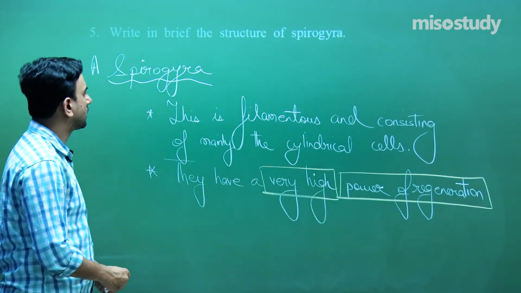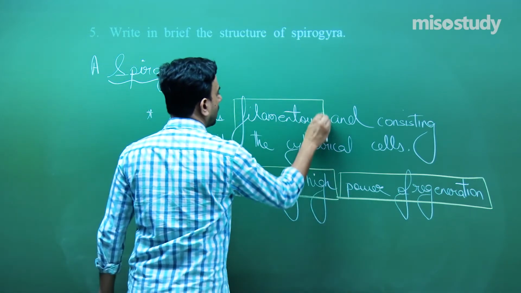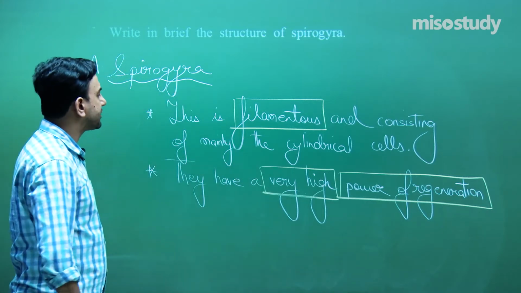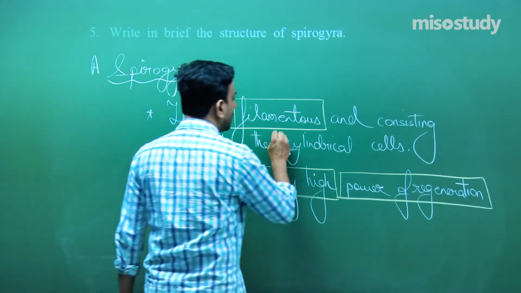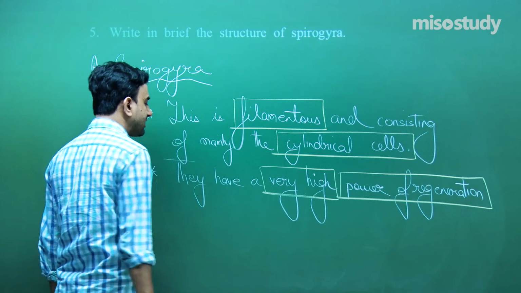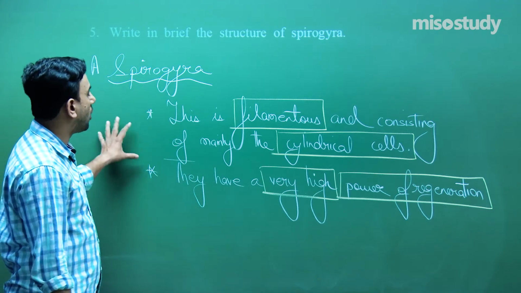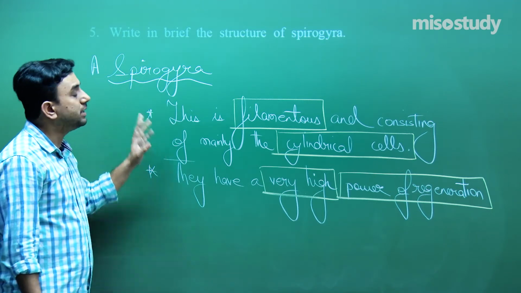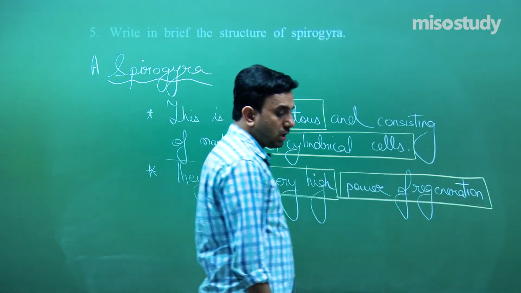So, this is filamentous, consisting of mainly cylindrical cells, and they have a very high power of regeneration. That is the Spirogyra.